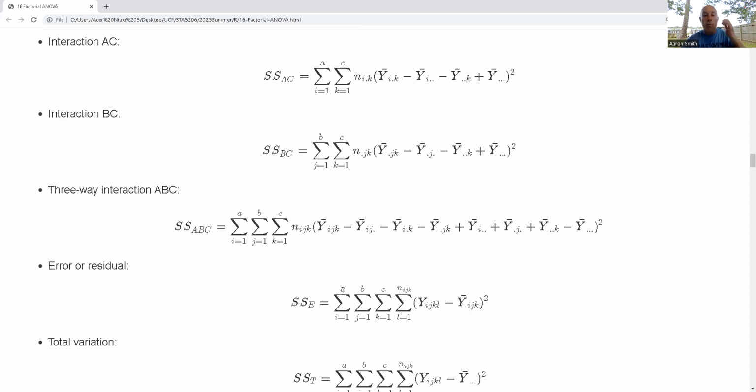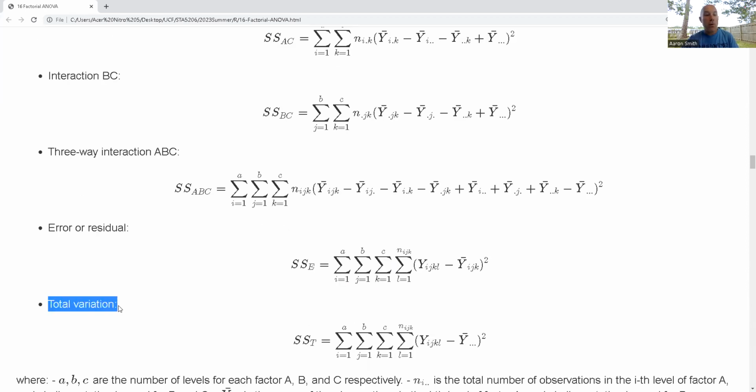Then I do this for all possible combinations of A, B, and C, and that is my sum of squares error. And my total sum of squares is each observation minus the overall average, squared, and added all up. Boom, we've got it.